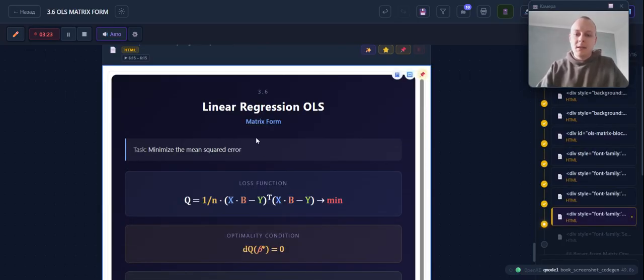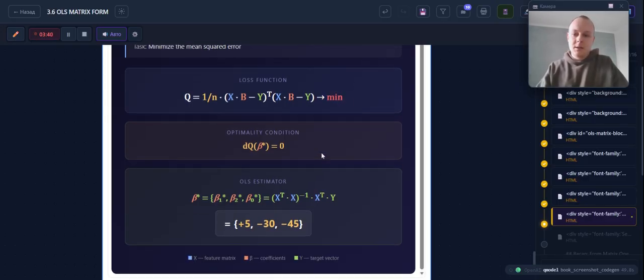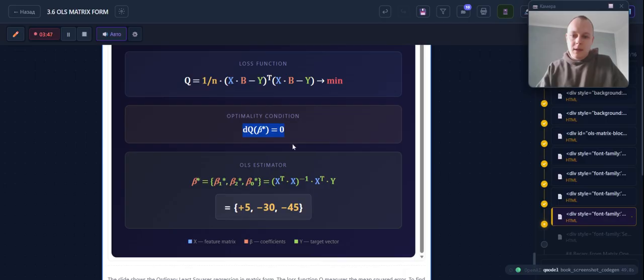So basically, this is the matrix form of OLS, the matrix form of our quality functional, and we want to find the minimum of this. So we have to calculate partial derivatives for each coefficient, and we can get the same answer, plus 5 minus 30 minus 45.